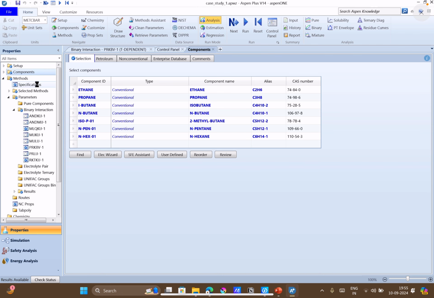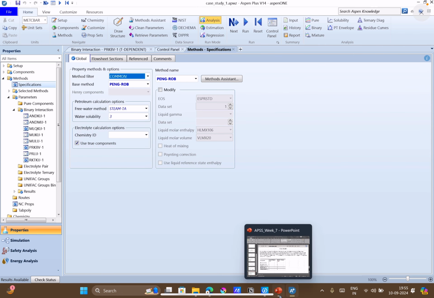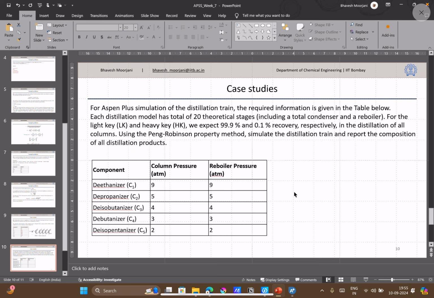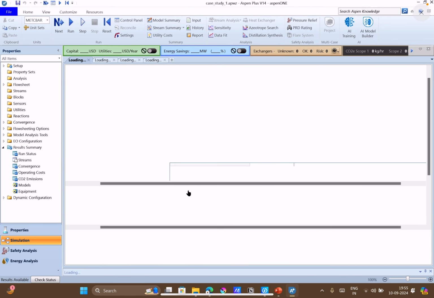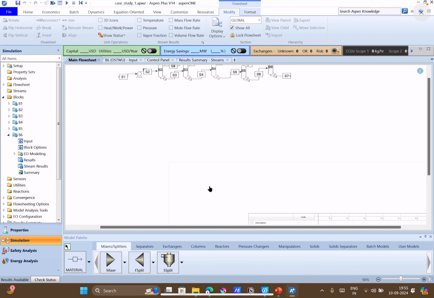The method that has been asked for is Peng-Robinson. Using the Peng-Robinson property estimation method, we have to simulate this distillation train, run the property analysis, and then for the simulation part, let me first delete this.